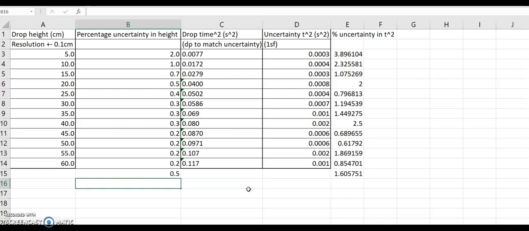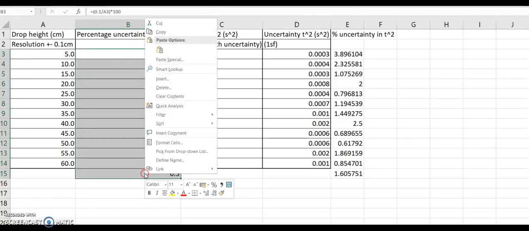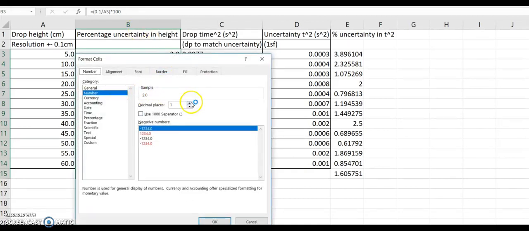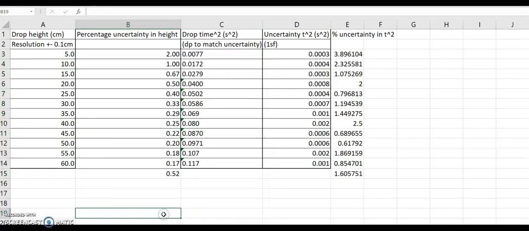So this is both in percent. I'm going to reveal an extra significant figure here, because I'm allowed 2 significant figures for percentage uncertainty, so that's 0.52% and 1.6%.